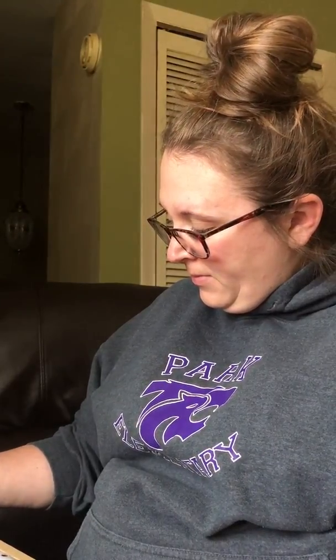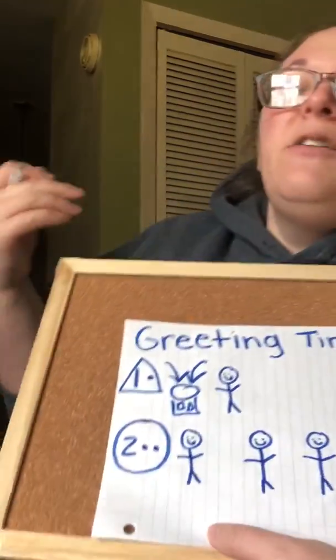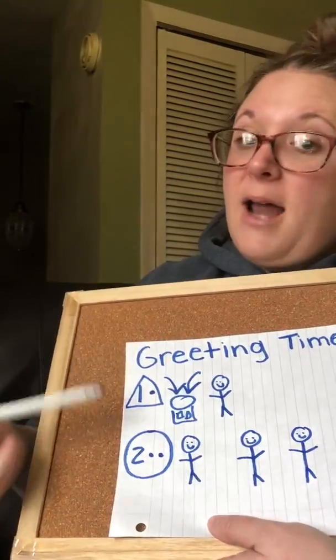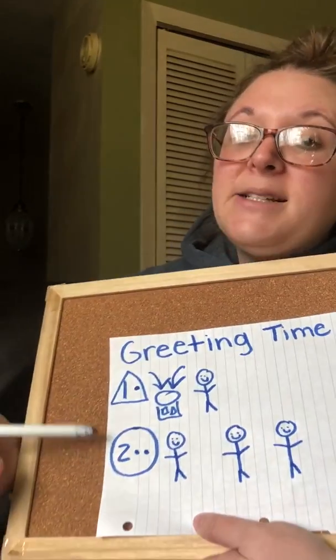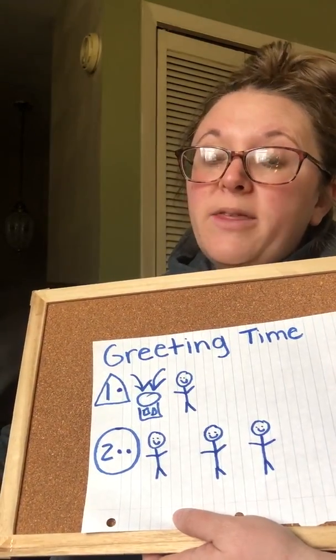So for number 2, ooh, I just hit myself. Number 2, our friends are not together right now, but at school, sometimes we have friends that aren't there with us too.